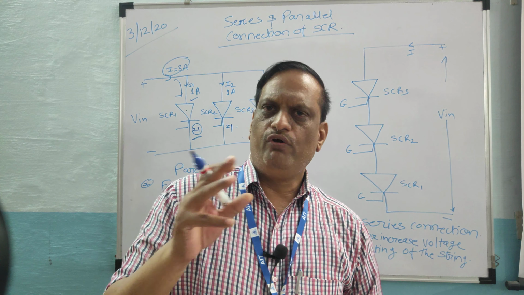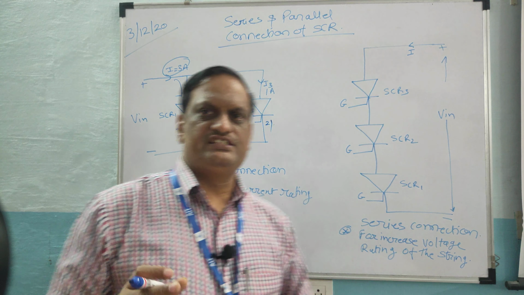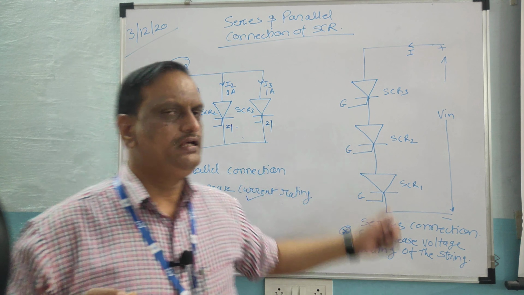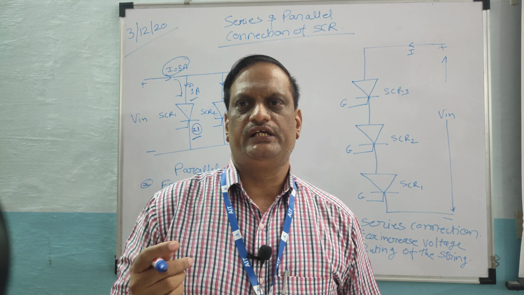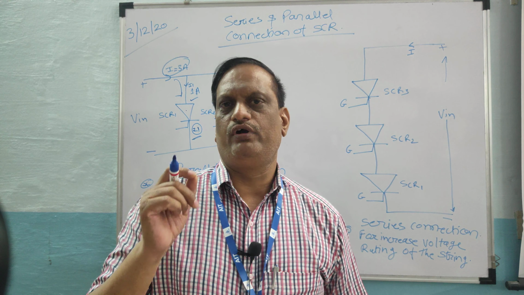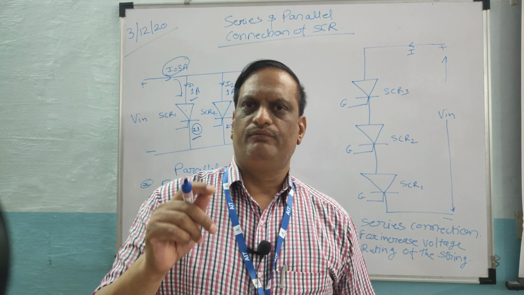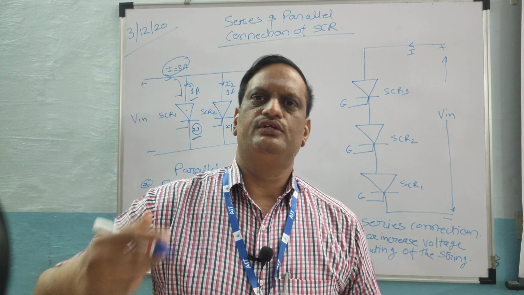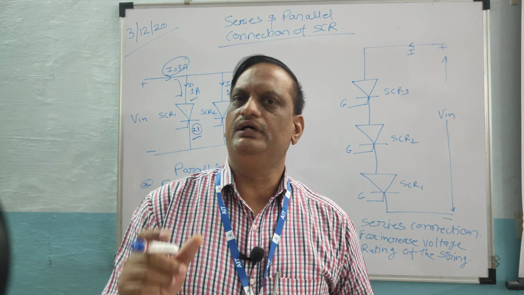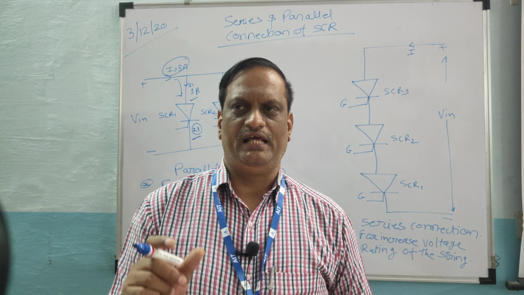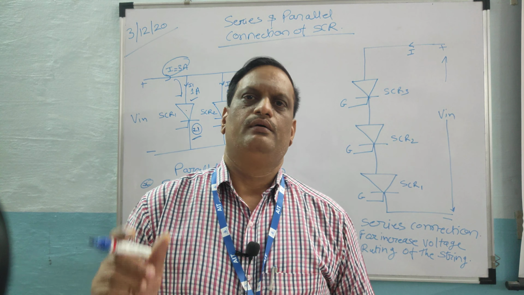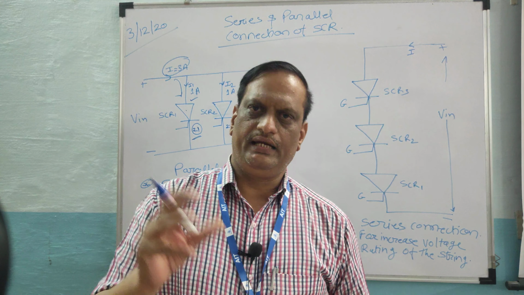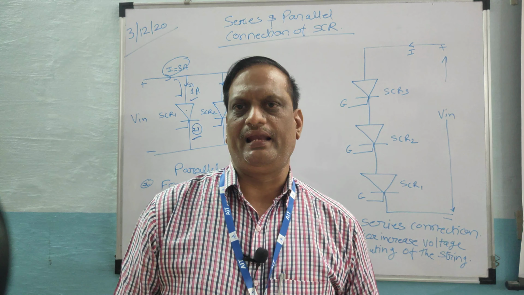If you have diodes instead of thyristors connected here, you will have to check the diode forward cut-in voltage. With the help of a multimeter, you can check the diode and carry out the similarity check of the device. After that, you can connect that device in series or in parallel.